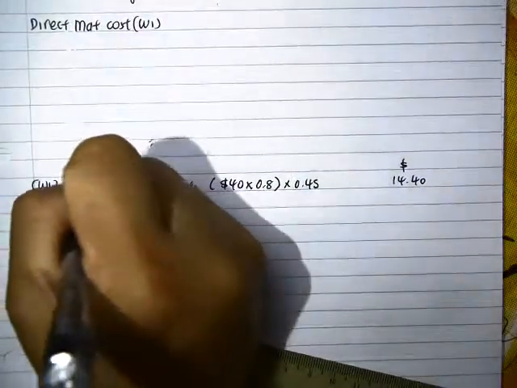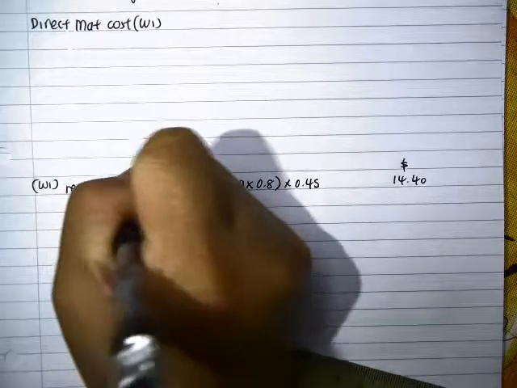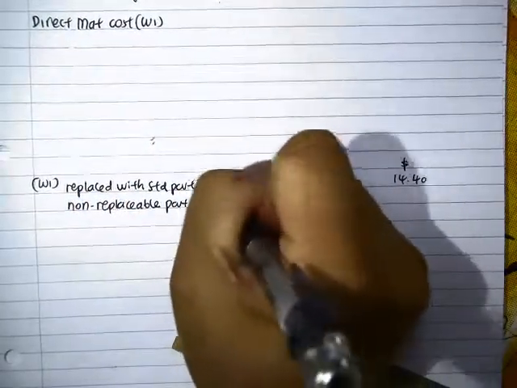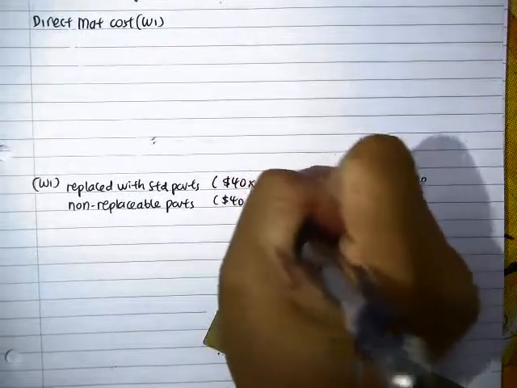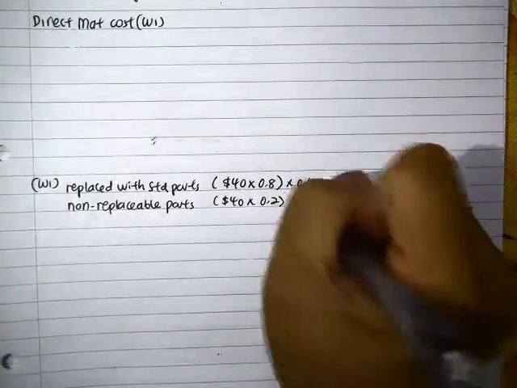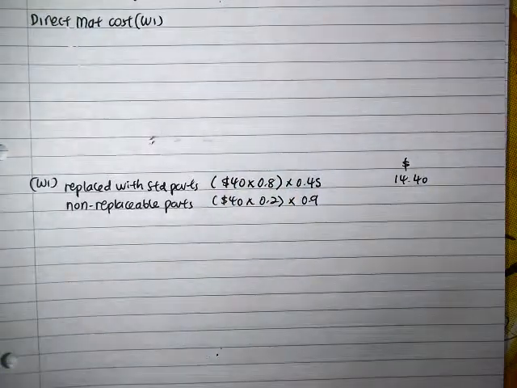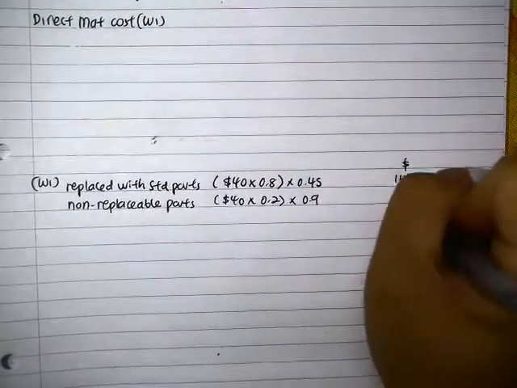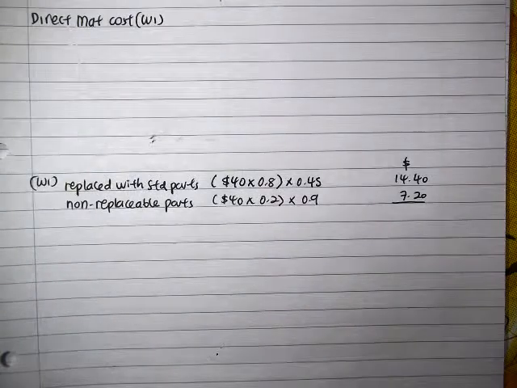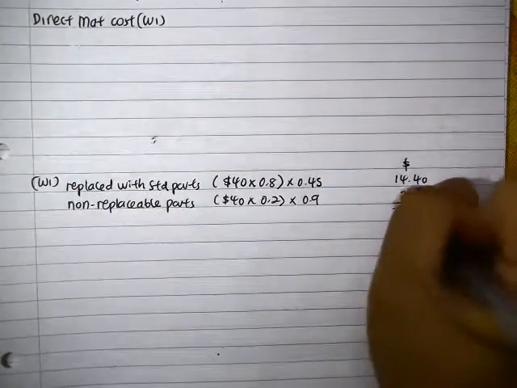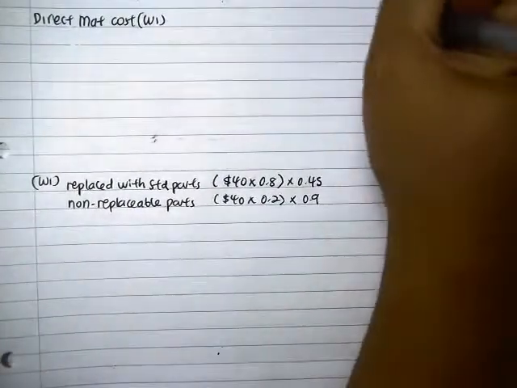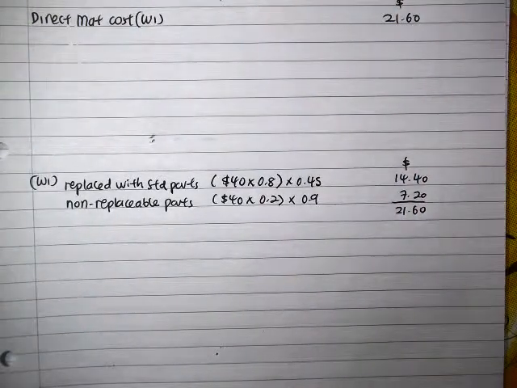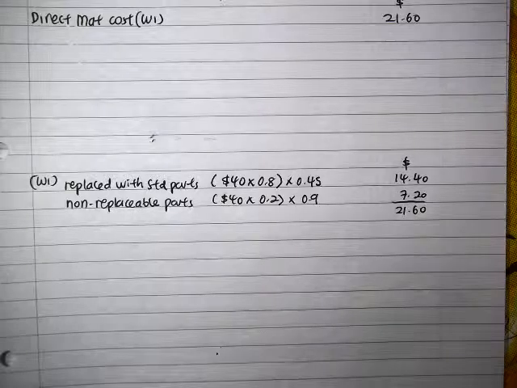Now the non-replaceable part will be the balance, 20. Although you can't replace, you still can get another supplier willing to offer discount. So your material cost is 21.6.